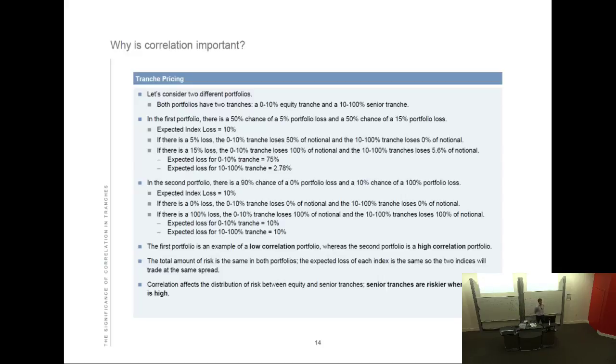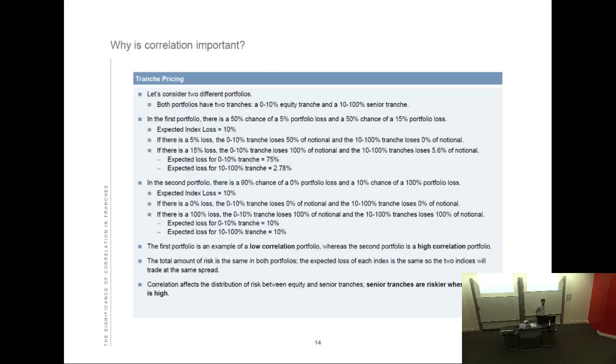And now let's think of 2 portfolios. In the first portfolio, 50% chance that there will be 5% portfolio losses, and 50% chance that there will be 15% portfolio losses. So the overall expected loss of this portfolio is 10%, okay? Which means that, for example, a 5-year index would probably trade at around 200.